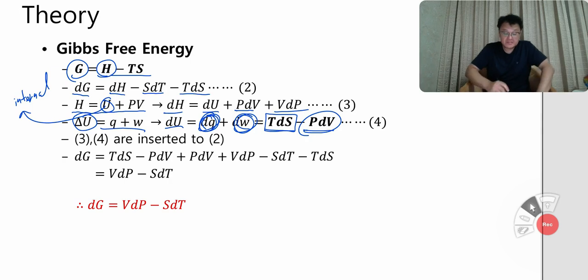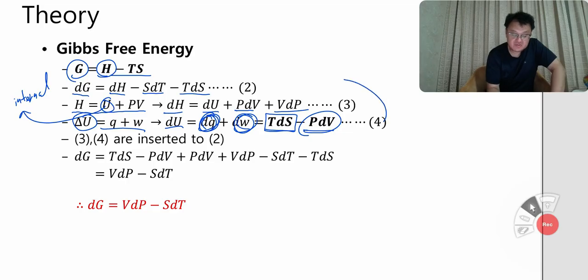And then when you combine all this together, when you insert equations 3 and 4 into equation 2, so this is 2, 3, 4, you first have dH and dU here.